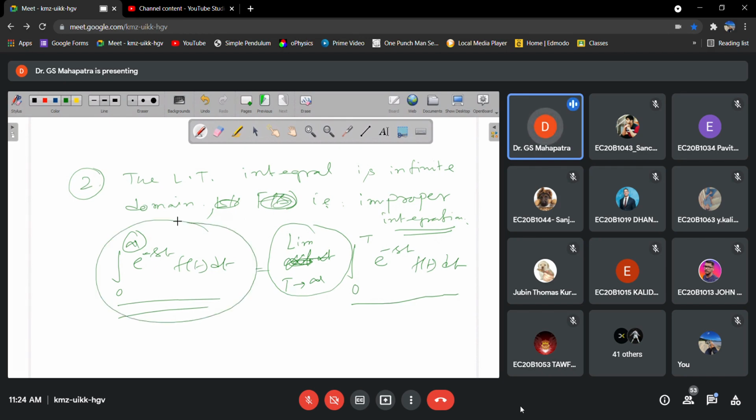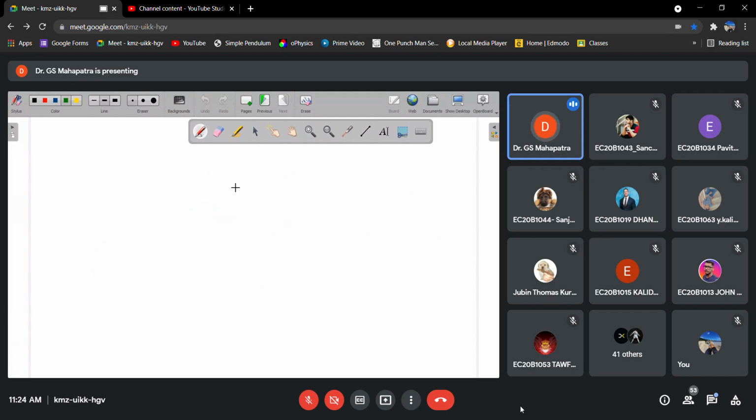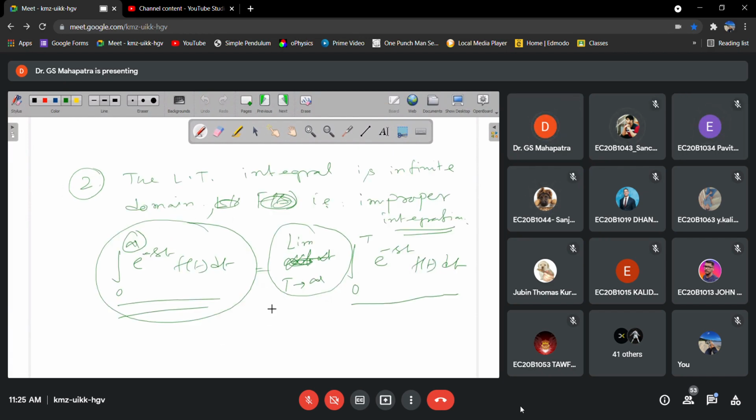What about the lower limit? Sometimes the lower limit is a problem. So observation 3: the lower limit. What is the lower limit? 0, sir. And you are finding the Laplace transform of f of t. So if I write 1 by t and find the integration, find the Laplace transform, f of t equals 1 by t. What is the problem?